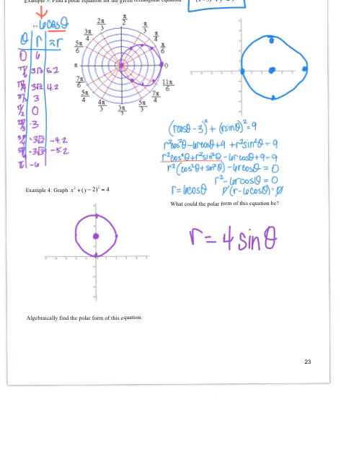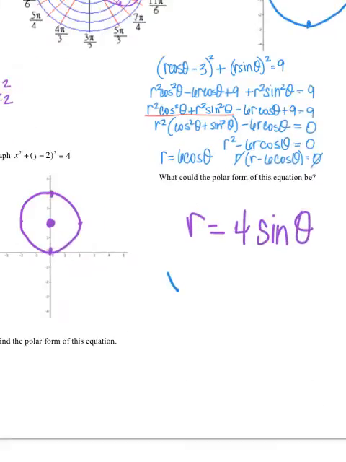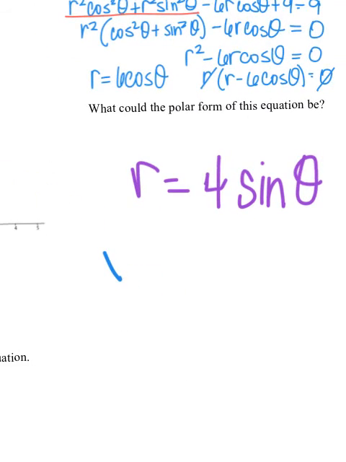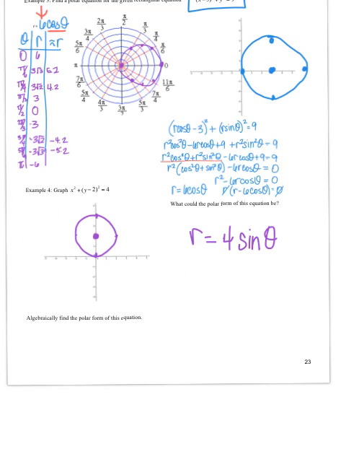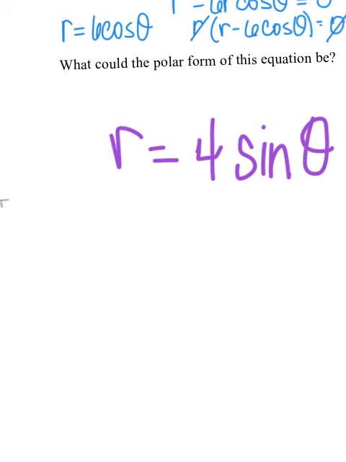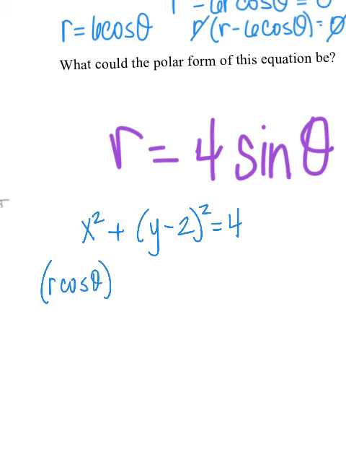So let's rewrite this equation, x squared plus y minus 2 squared is equal to 4. So I'm going to rewrite this as r cosine of theta squared plus r sine of theta minus 2 squared is equal to 4.